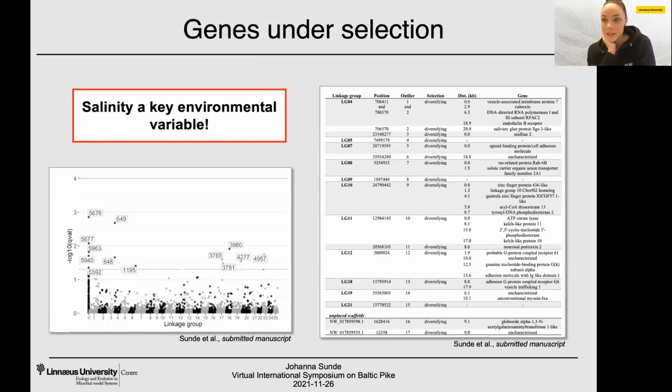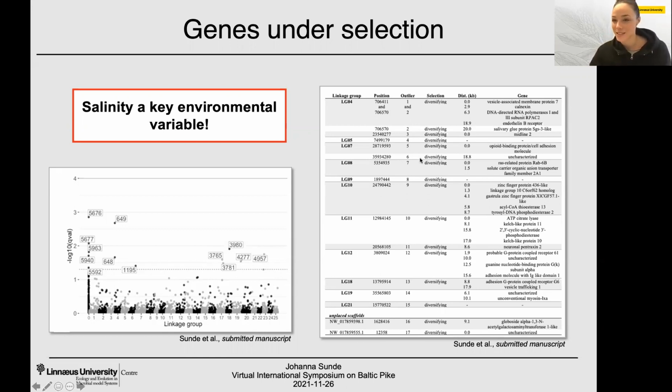So lastly, based on the outliers that we created this adaptive data set on, we also wanted to see if we could find genes under selection and see which environmental variables might be of extra importance for pike. So from the outlier loci, we found about 20 to 30 candidate genes.